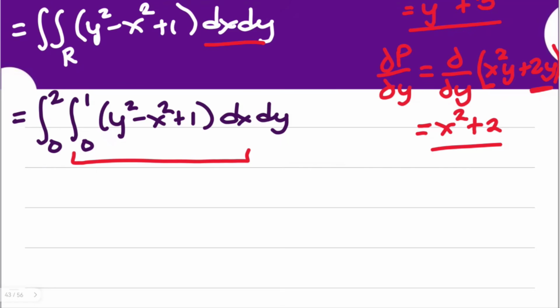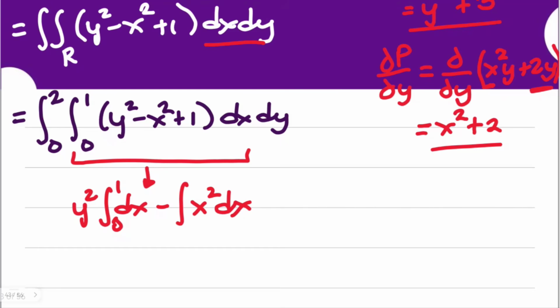So let's start with this. Take note that if we're talking about dx with respect to x, all the y variables would be constant. By the linearity property, y squared would be a constant. So you will have the integral of dx from 0 to 1, minus x squared, which you retain because it's with respect to x, from 0 to 1, and as for the 1, the integral of dx is from 0 to 1.